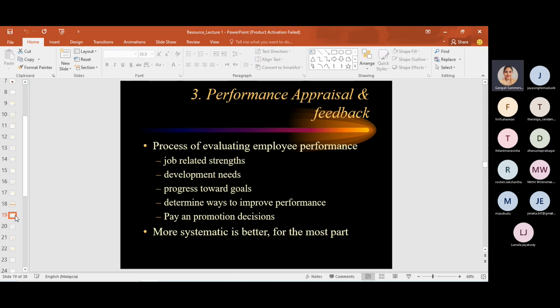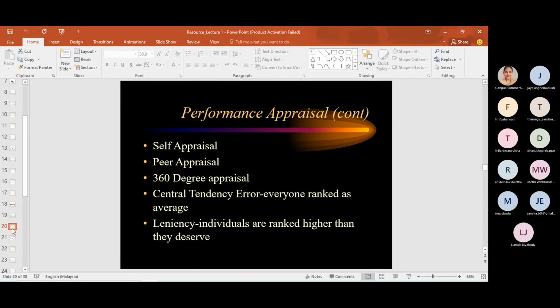They will tell you what your strengths are, what your weaknesses are, what things you are doing well, and what things you are not doing well. And if there is anything you are not doing well, how can you improve yourself? How can you do it well? Likewise, the managers evaluate your performance and they give their feedback. That is how performance appraisal works.